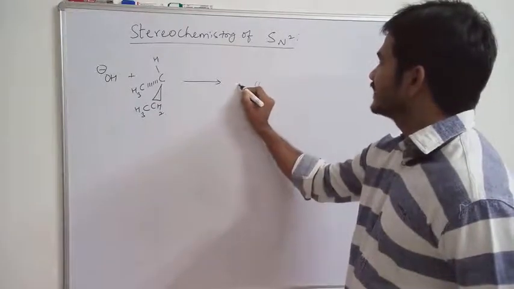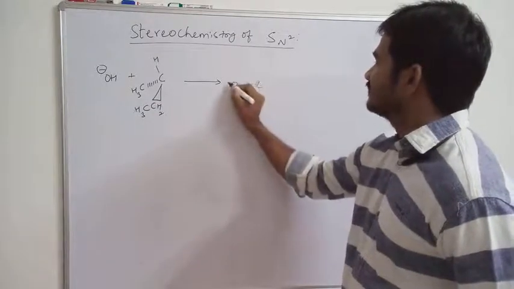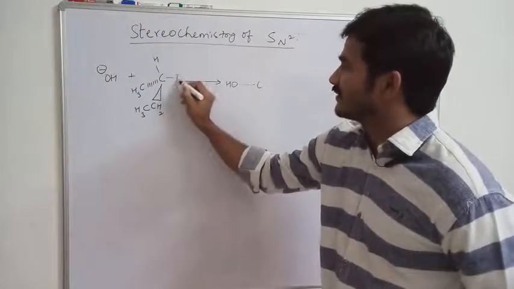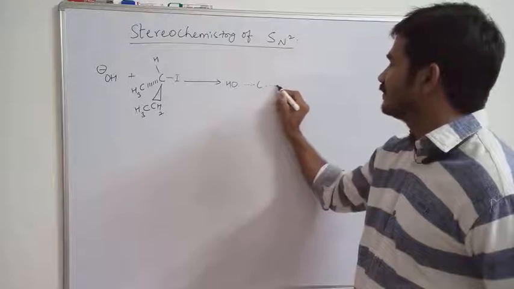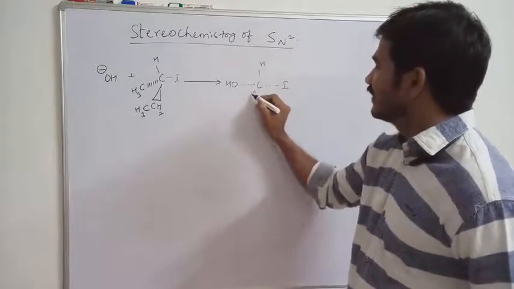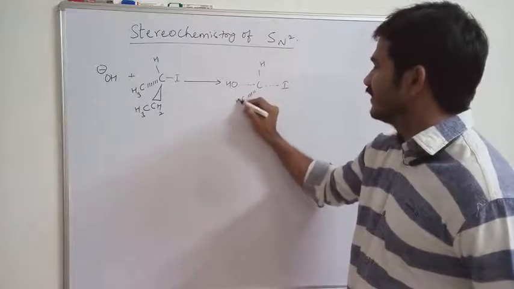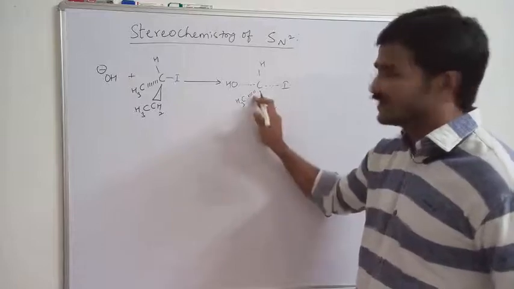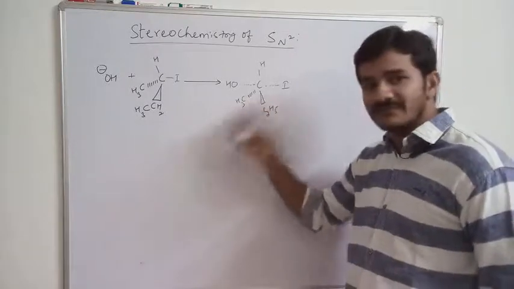The nucleophile attacks the carbon from the back side, which I am writing with dotted lines. As soon as it attacks here, the leaving group, iodine, leaves. This bond is broken, and the carbon has three bonds: hydrogen, methyl, and C2H5. The dotted line indicates the bond is away from the observer.